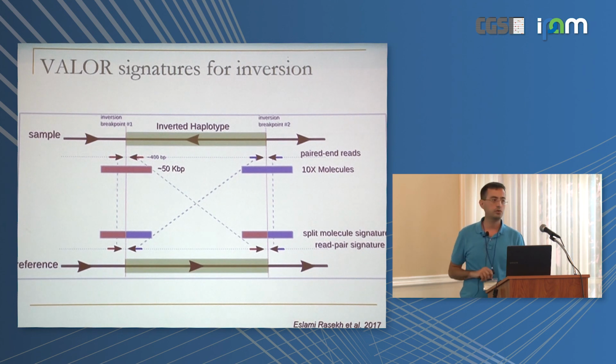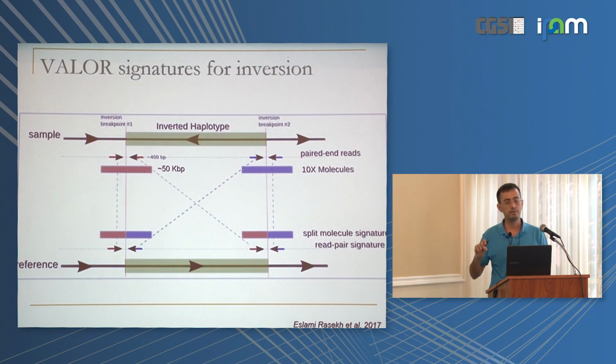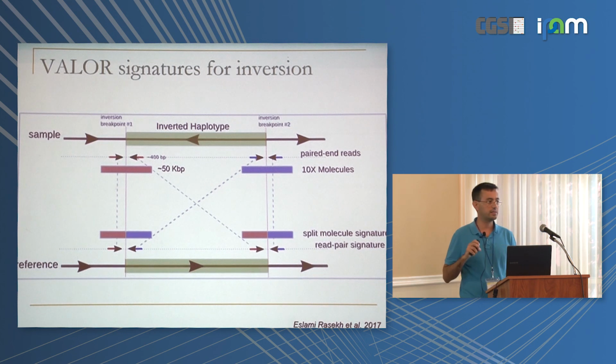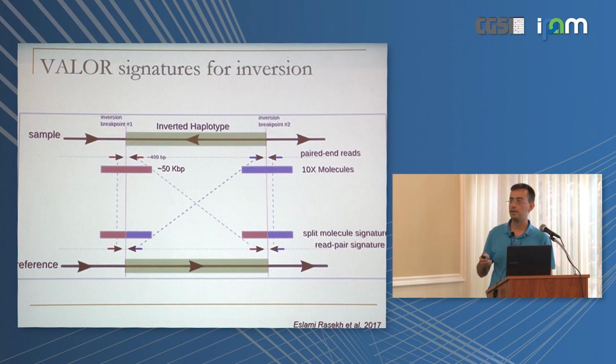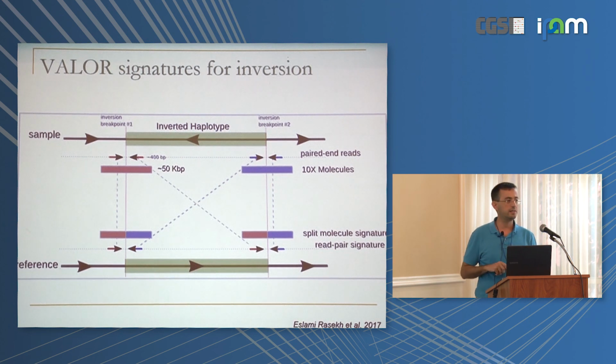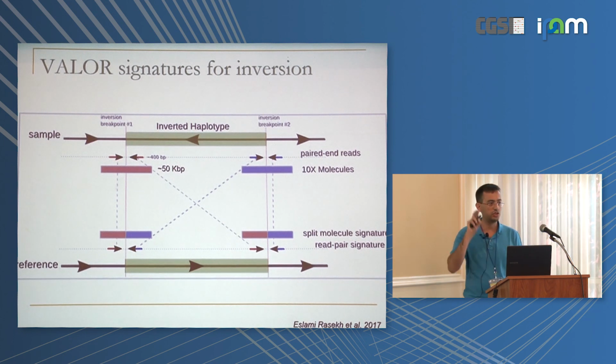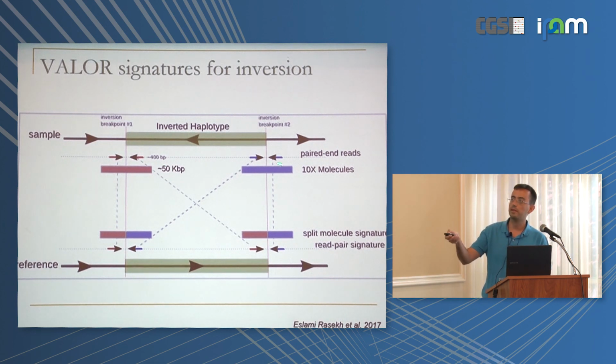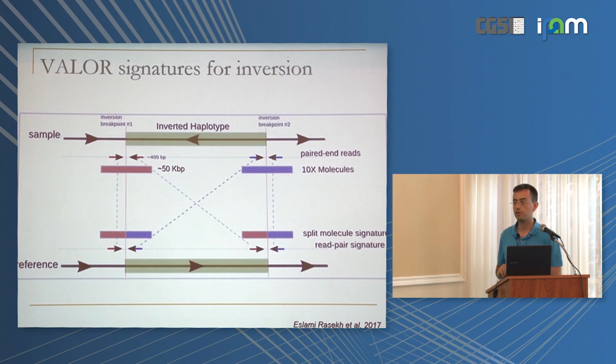And since those molecules are very unlikely to be in the same pool, let's say this one is in the green pool and this one is in the blue pool, we are going to see splits in different pools. This will be our split molecule signature, or split clone signature, for pooled clone sequencing. In addition, we have the traditional read pair signature as well. This read pair is spanning this breakpoint, and this read pair is spanning this breakpoint, and they will also map in different locations.